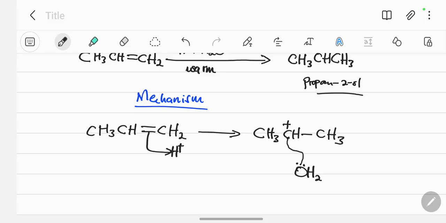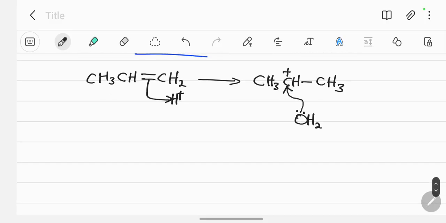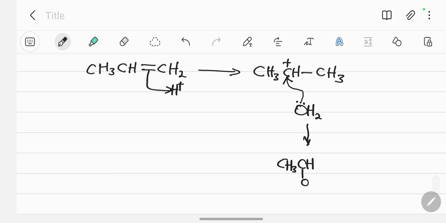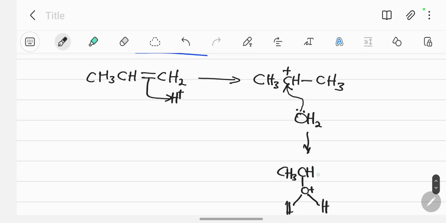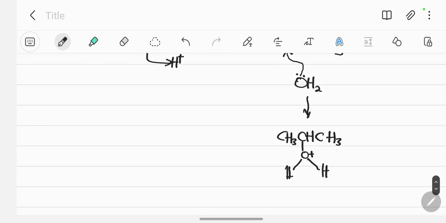So this water is going to attack that carbon atom, giving us CH3, CH, O, H, positive charge, then CH3 like that.